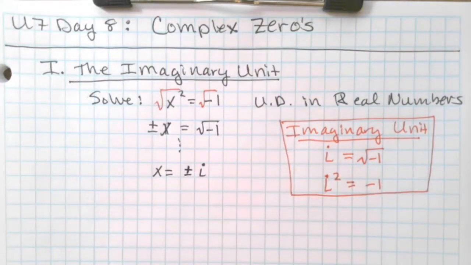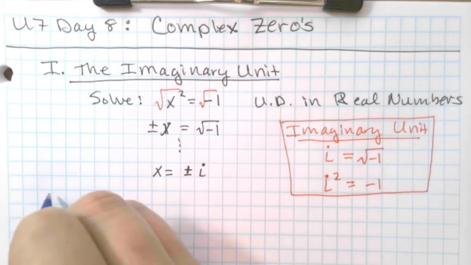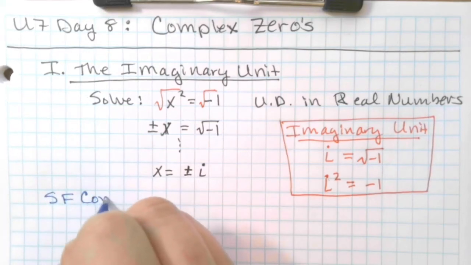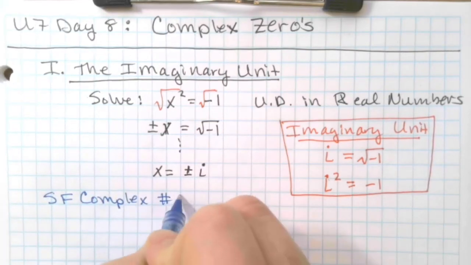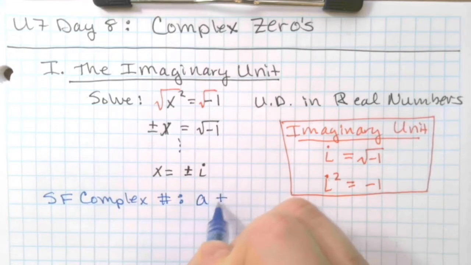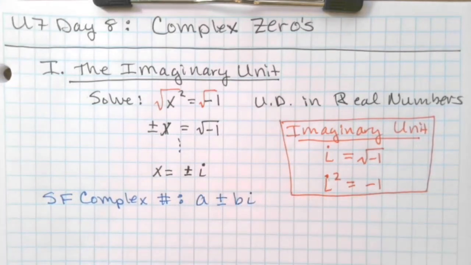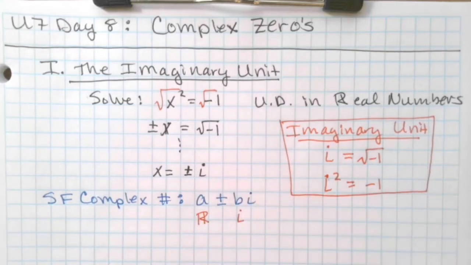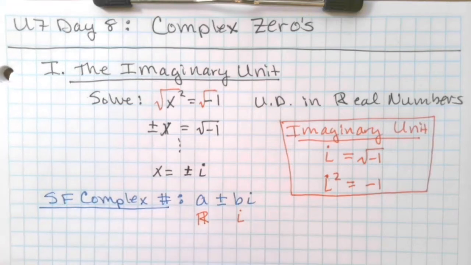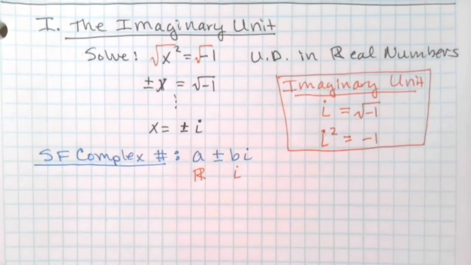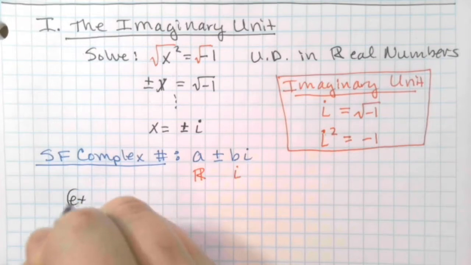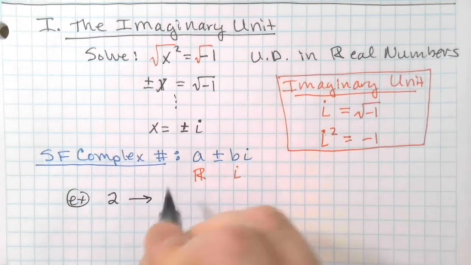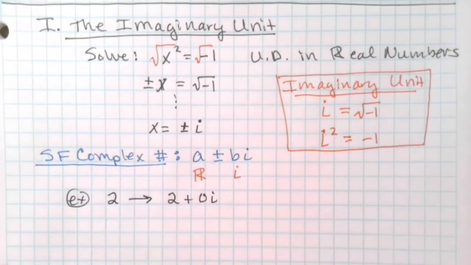So, one thing you need to know about solving with the imaginary unit: the standard form of a complex number is a plus or minus bi, where the real part comes first and the imaginary part comes second. So technically, all numbers are complex because, for example, I can write the number 2 as 2 plus 0i.